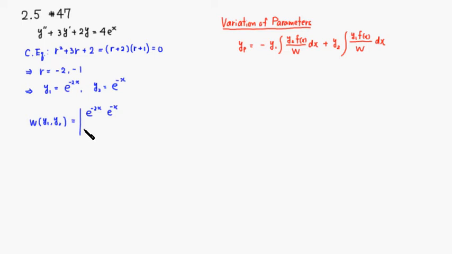The derivative of y1 is -2 e to the -2x, and the derivative of y2 is negative e to the -x. Then take the determinant: this times that is negative e to the -3x, minus this times that, which is negative, so double negative, plus 2 e to the -3x. That gives us e to the -3x. That's our Wronskian.